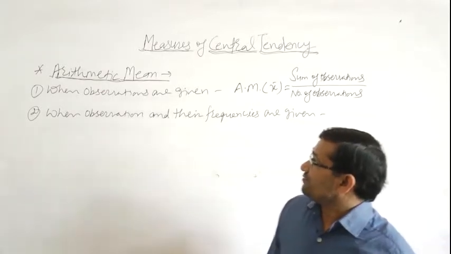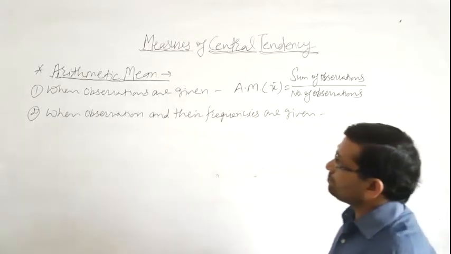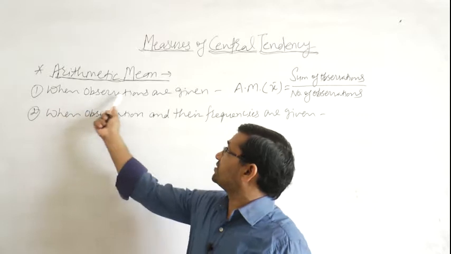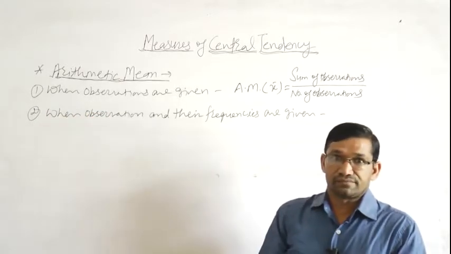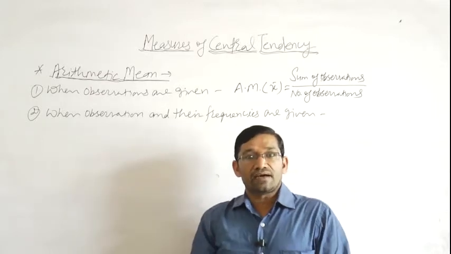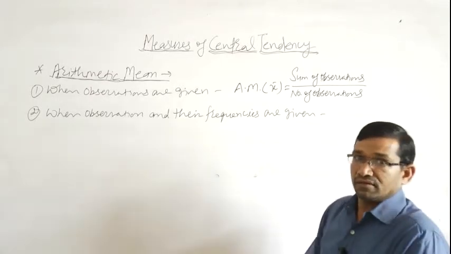Okay, today we start the second form of arithmetic mean. In the previous class we saw that when only observations are given, then we find the arithmetic mean. Arithmetic mean is also known as average.